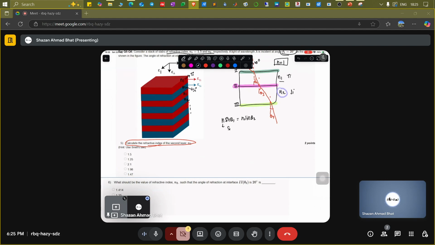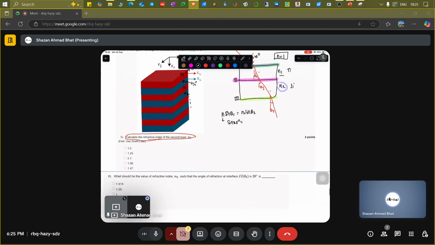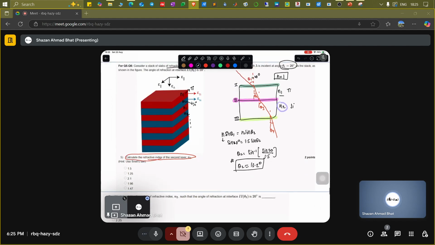So sine 20 degrees equals n1, which is 1.5, times sine theta 2. So theta 2 equals sine inverse of sine 20 divided by 1.5. This is around 13.2 degrees. So this is theta 2.